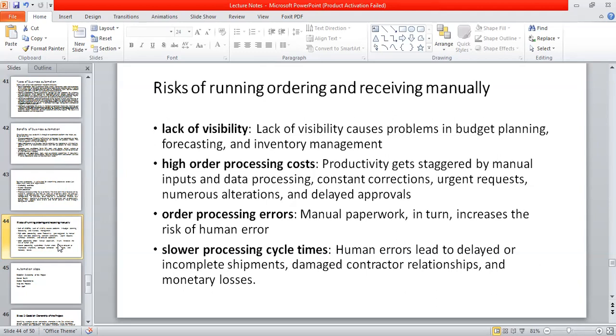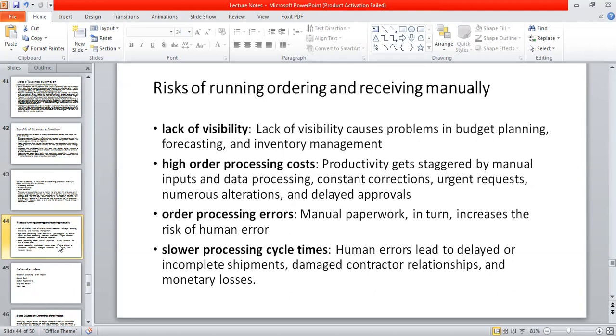The use of manual paperwork will increase the errors compared to an automated process or system. And last but not least, it will slow down the process and the cycle. If you are doing it manually and comparing it with doing the process using the system, the system will be faster.